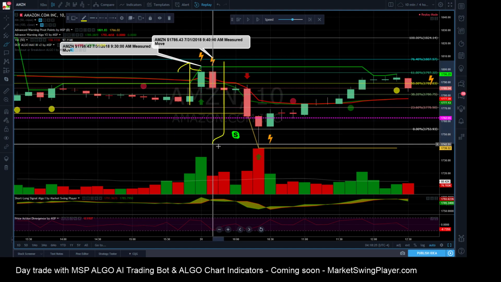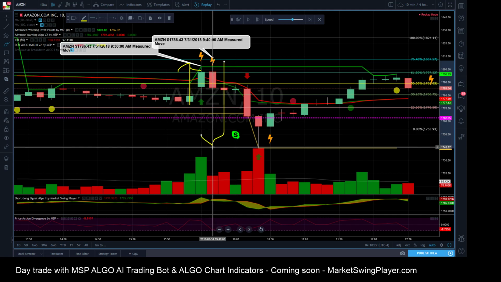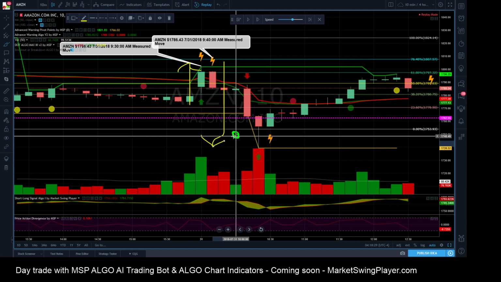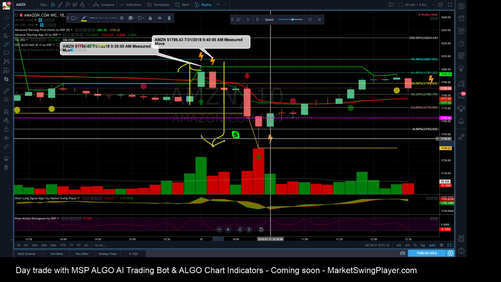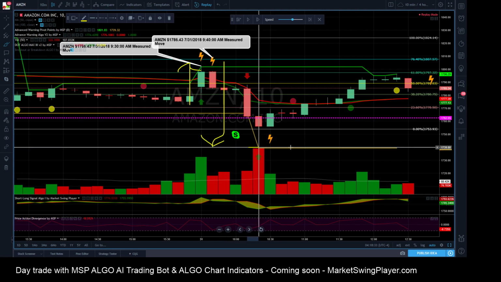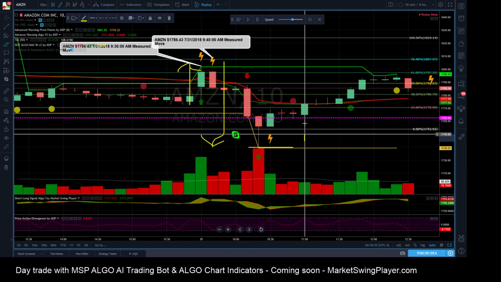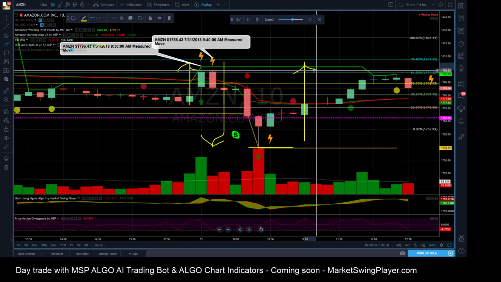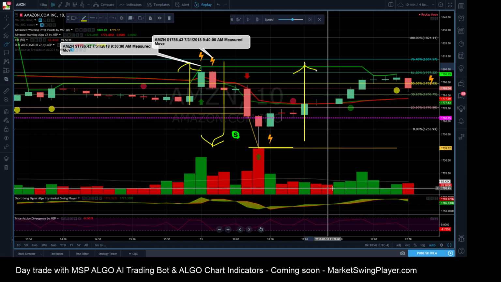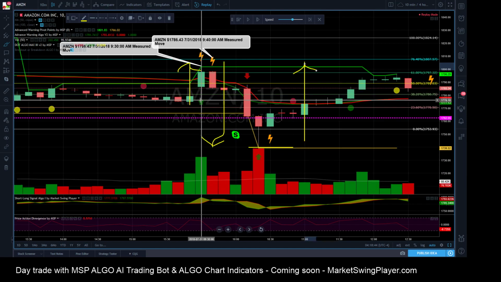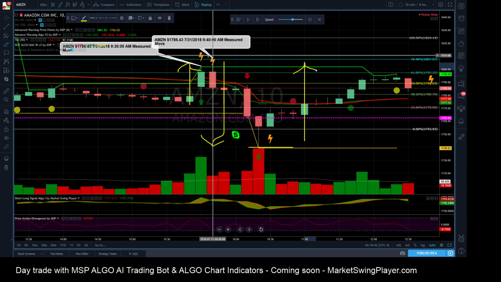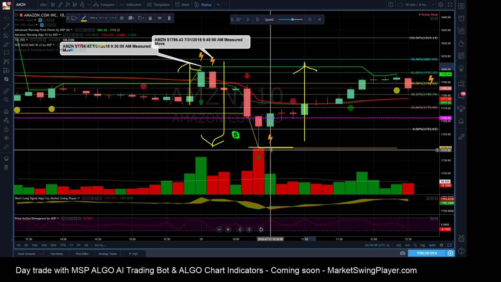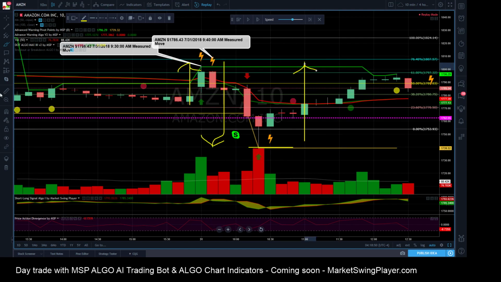It dropped. And then another measure move alert came out near the bottom and price popped. You see how powerful these are? So it said pop, drop, pop.